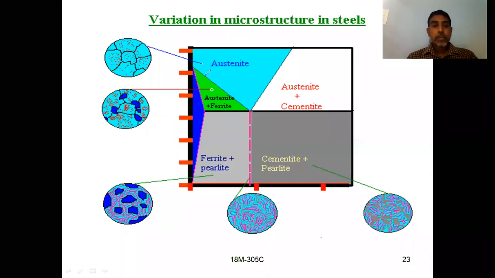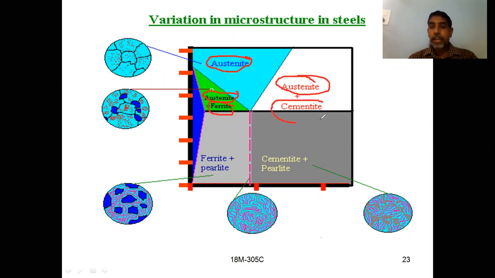If you see here, austenite. It is somewhat a new term for us. And you see austenite plus ferrite, and here austenite plus cementite.